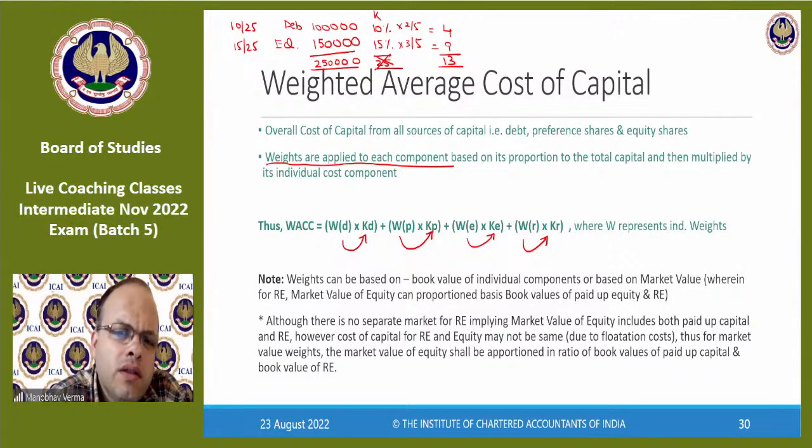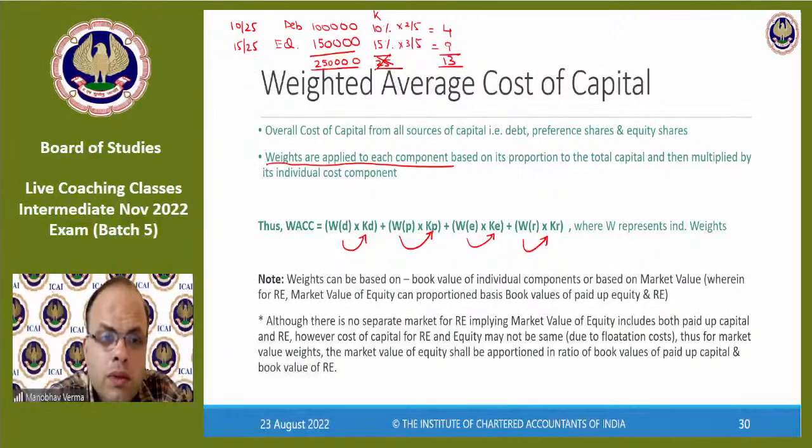Should we take the weights on the book value, what is reflecting in the balance sheet, or probably we all know that the market value of those components can be different, right? Let's say for equity, your equity comprises your share capital, equity shares, retained earnings. Probably there could be a different market value than the book value.